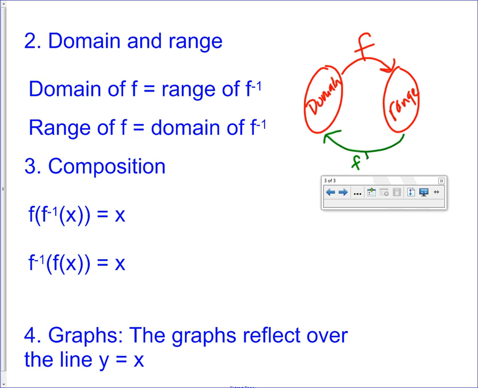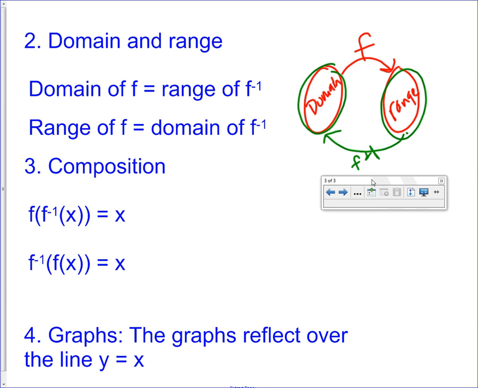The inputs of f inverse are the range of f. The outputs of f inverse are the domain of f. That's all that's saying, so domain and range switch places.